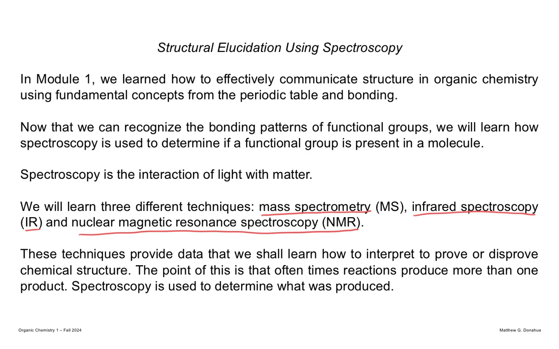And the big picture of that is organic reactions often produce more than one product. So if you have two or more products, maybe they're constitutional isomers, but maybe they're totally different. How do you absolutely prove what the major versus minor products present are?